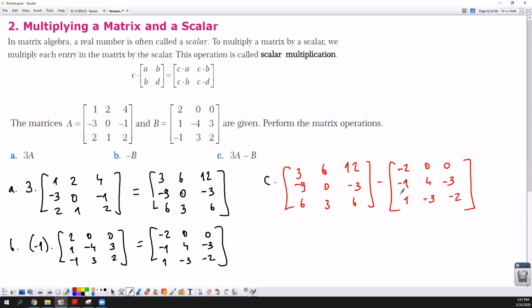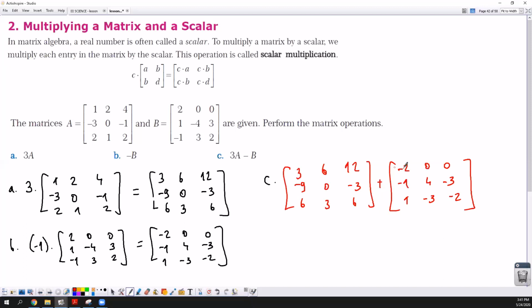Okay. So we are going to subtract entry a11 from here with b11. So 3 minus negative 2, right? Actually, for this example it is a positive because we got the negative B. This is the negative B. Okay.